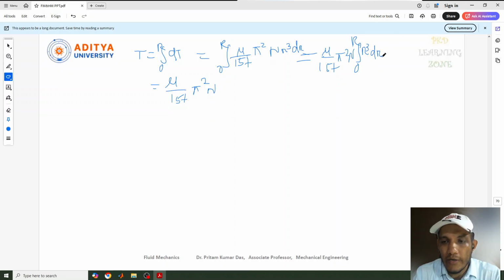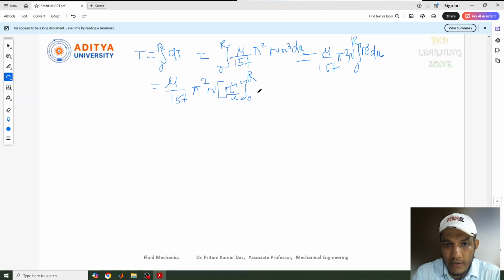Now the integration of r cube dr is nothing but r to the power 4 by 4, from 0 to r. Next we will get the value.